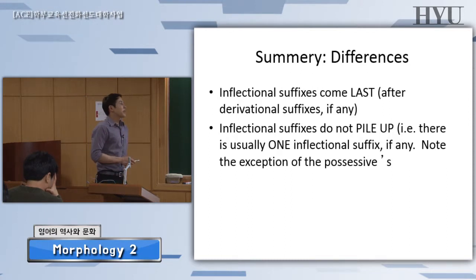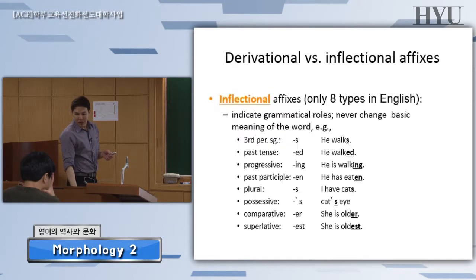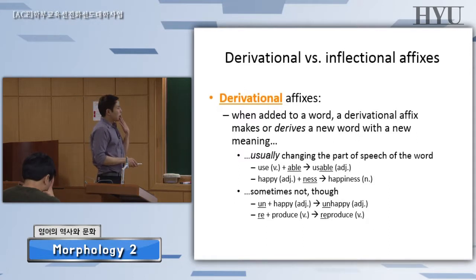And inflectional suffixes will come last. You can add many derivational suffixes, but the inflectional suffix will always come as the last thing. And inflectional suffixes do not pile up, meaning there's usually one inflectional suffix. But you can add many derivational suffixes, like happily, happiness, usably.